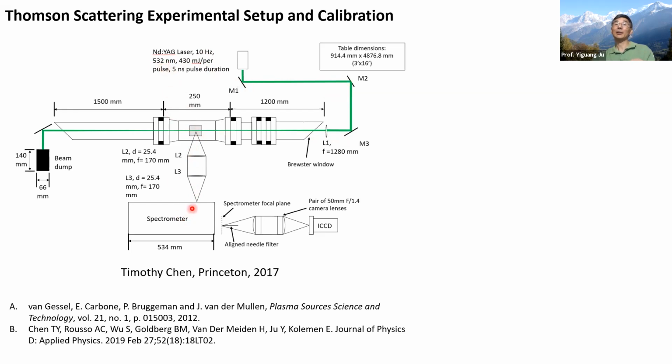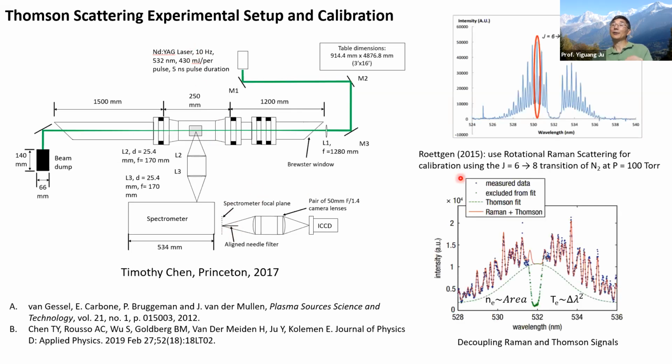You use a spectrometer to record the signal and a needle to block the original laser signal. You can measure the broadening. For example, you can measure the Raman scattering of the rotational transition, and you obtain the Thomson scattering by subtracting this Raman scattering.